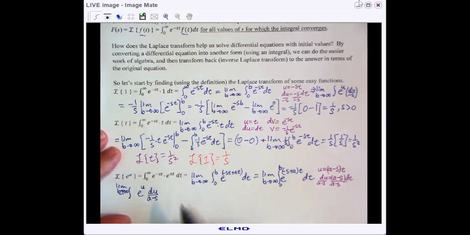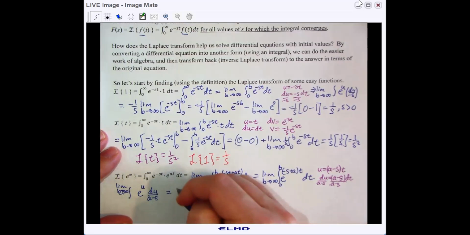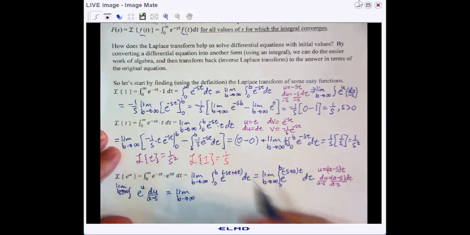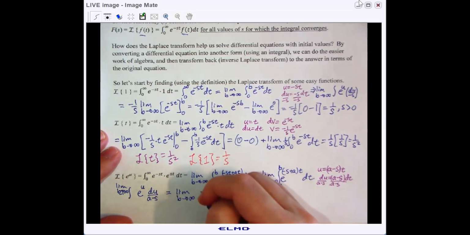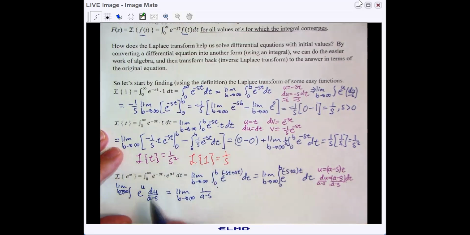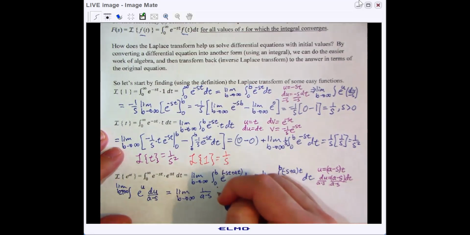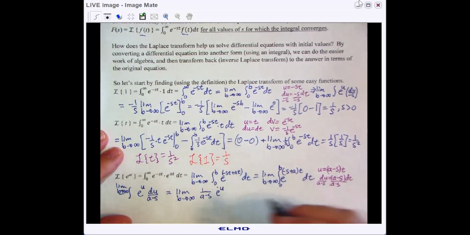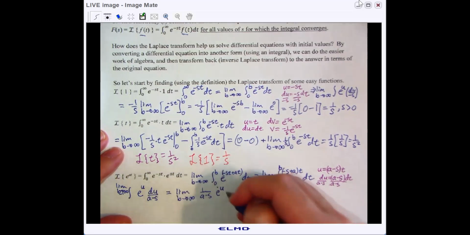So if we do that indefinite integral, we're going to get the limit as b approaches infinity of 1 over a minus s, and the integral of e to the u du is e to the u. Okay, and so let's do that, and then we're going to have to evaluate it.